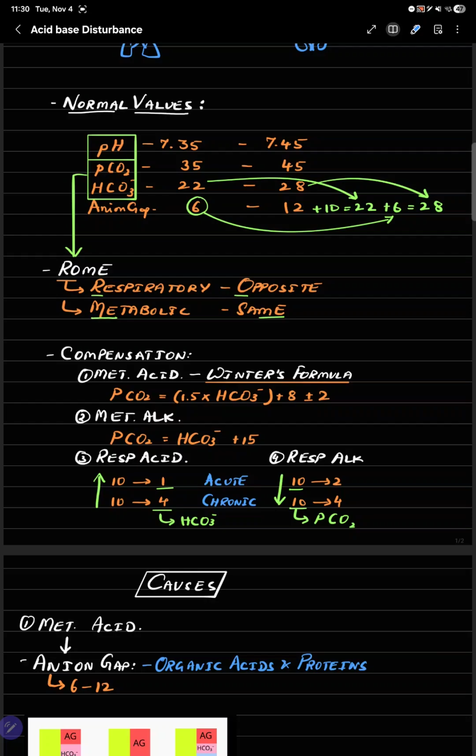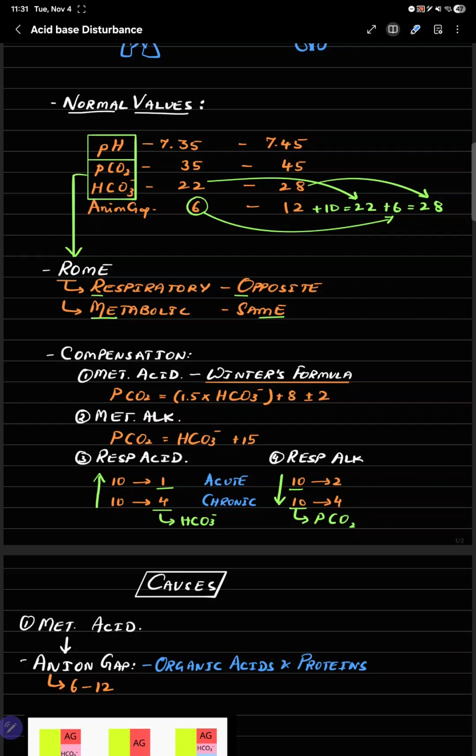In case of respiratory acidosis and respiratory alkalosis, there is a difference in compensation levels for acute and chronic states respectively. As a standard, we keep the PCO2 levels, which are the inciting events, as an increase or decrease in levels of 10, and each increase of 10 in PCO2 should incite an increase of one in bicarbonate in the acute state.